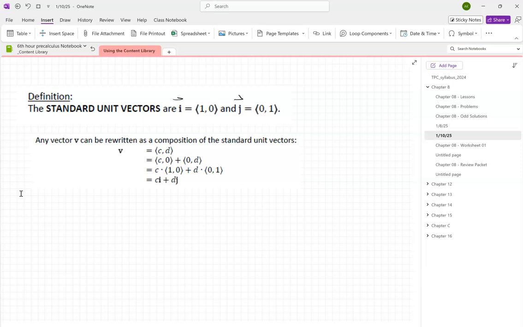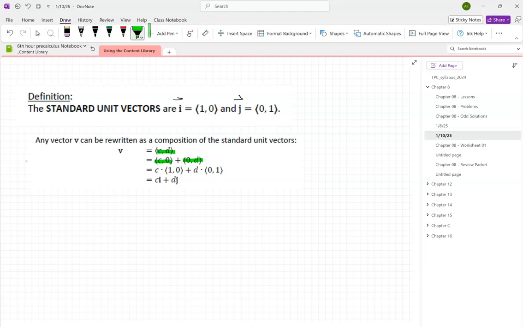If I have the vector in component form c, d, I can break that up into two vectors, the vector c, 0 and the vector 0, d.